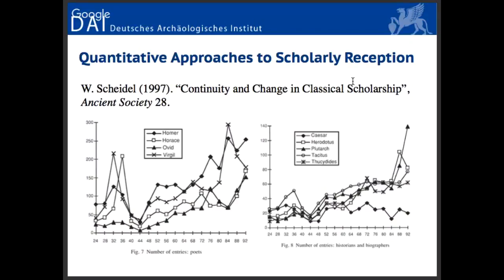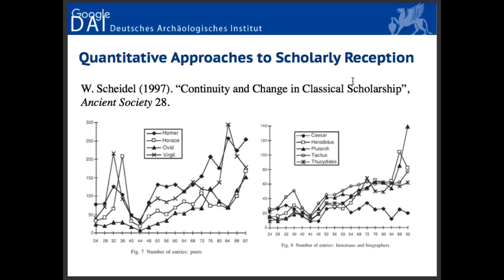There are not many examples of quantitative studies of scholarly reception in classics. One that I stumbled across really randomly, looking at the Wikipedia article about the Année Philologique, is this study from the 90s by Walter Scheidel on continuity and change in classical scholarship. He hasn't used anything of what I'm talking about.